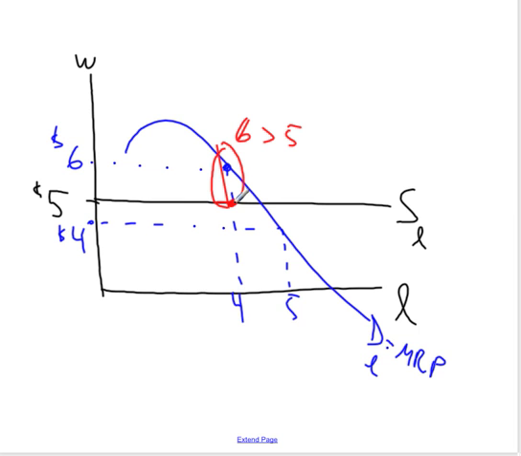It's, on the other hand, not worth hiring that fifth worker because that worker brings in only $4 while costing $5. So remember, these are always the fourth and the fifth worker. Handy way to think of it. Yes, hire the fourth worker. No, don't hire the fifth worker.